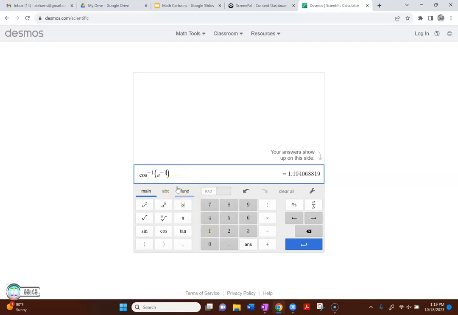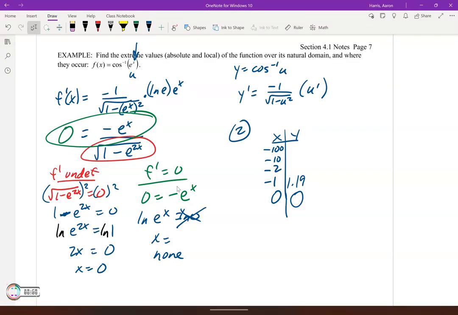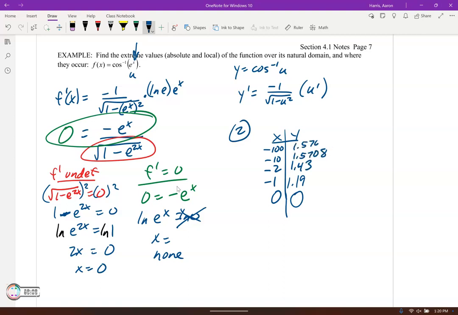And I'm going to just keep getting big, big, big, so I'm going to jump to negative 100. 1.57.